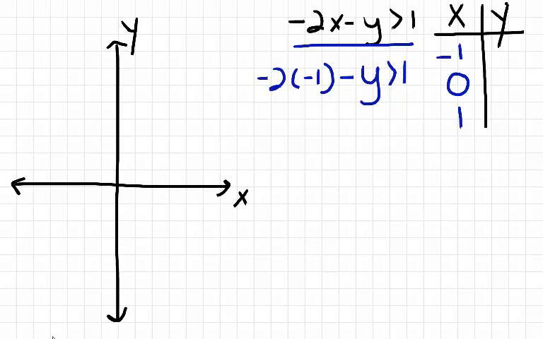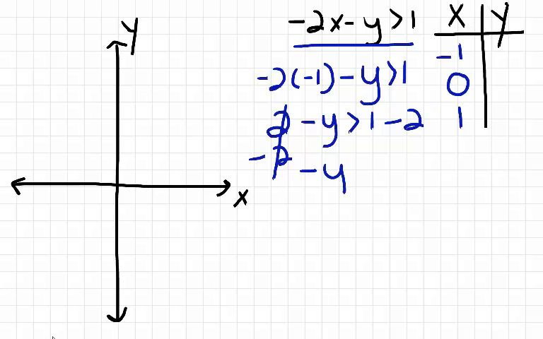To solve for y, -2 times -1 equals +2, minus y is greater than 1. Now I'll use inverse operations to subtract 2 from both sides. That gives me -y is greater than 1 minus 2, or -y is greater than -1.